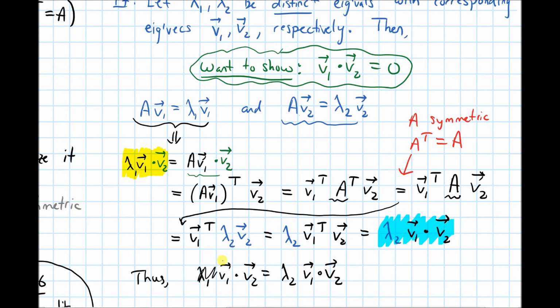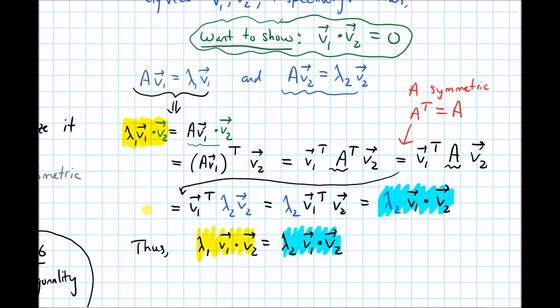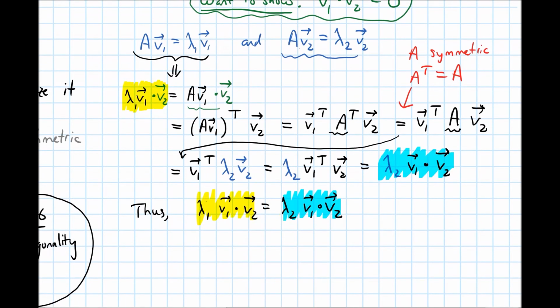Okay, so the first one of these, let's highlight this in yellow. And the right-hand side, let's highlight that in blue, because that's what we did above. So next what we can do is, let's move everything over to one side and then factor. If we do that, we'll get lambda 1 minus lambda 2 times v1 dotted with v2 being equal to 0.